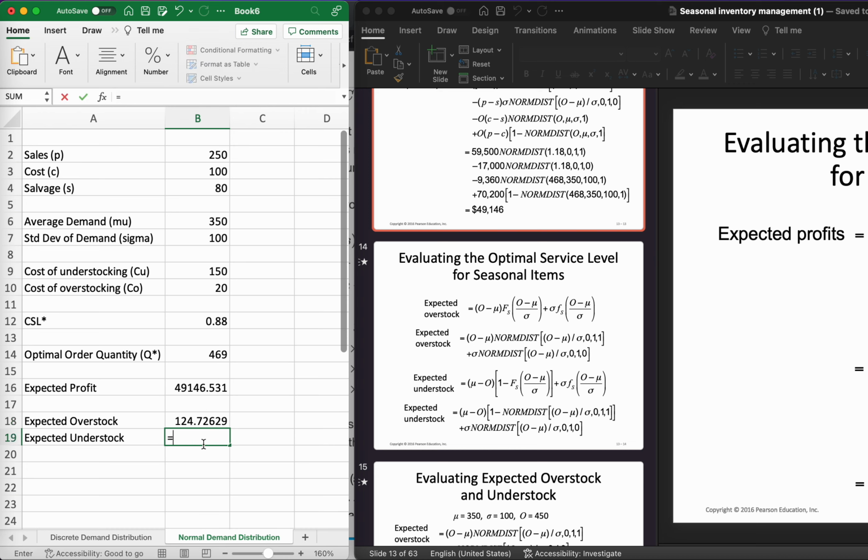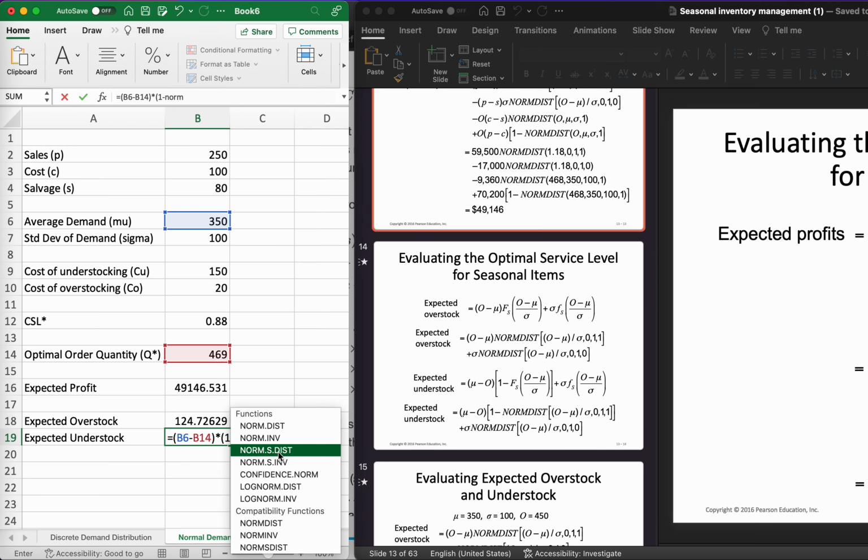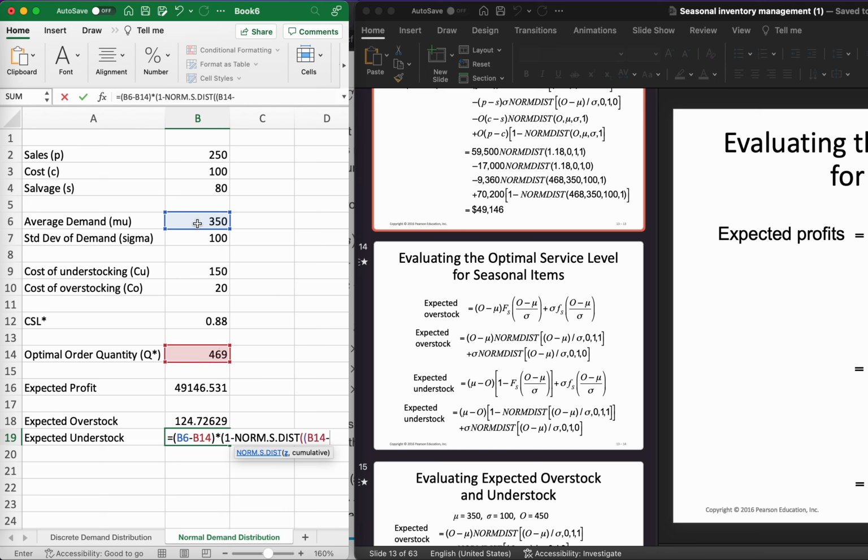Finally, expected understock. So again, this is the formula now. This time it's mu minus Q, the optimum order quantity, times 1 minus NORM.S.DIST, mean is 0, standard deviation is 1, NORM.S.DIST of Q minus mu divided by sigma, comma true, plus sigma times NORM.S.DIST of Q minus mean divided by standard deviation.